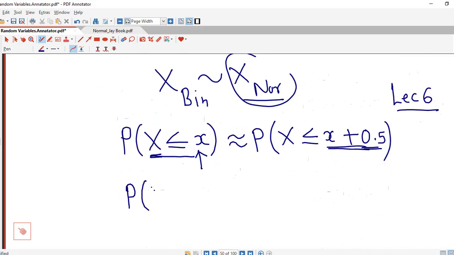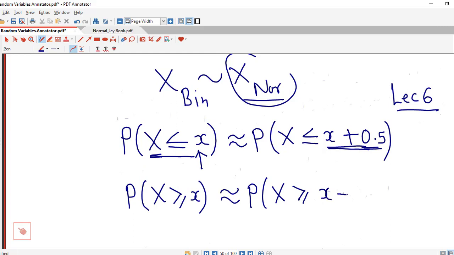Similarly, if I have this type of probability, capital X is greater than or equal to small x, and if I am using normal random variable, I have to consider X greater than or equal to x minus 0.5. So whenever you are using normal random variable to approximate binomial random variable, remember that we have to use continuity correction.